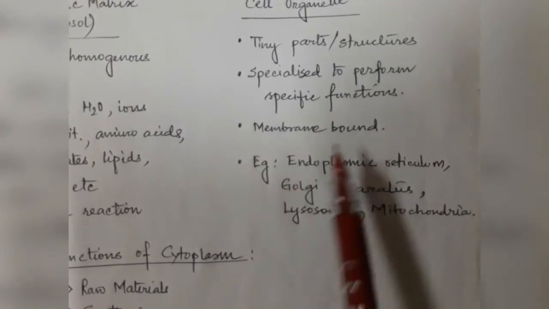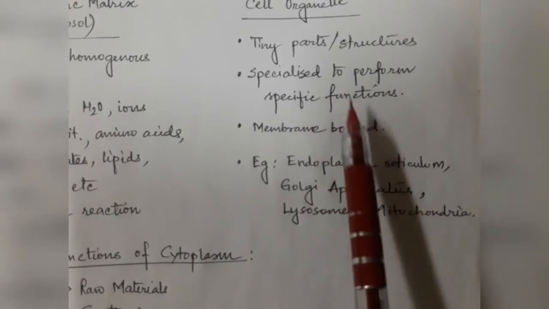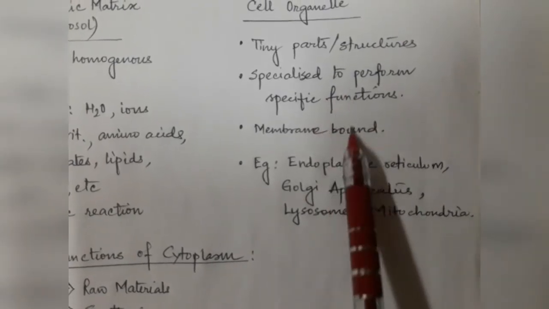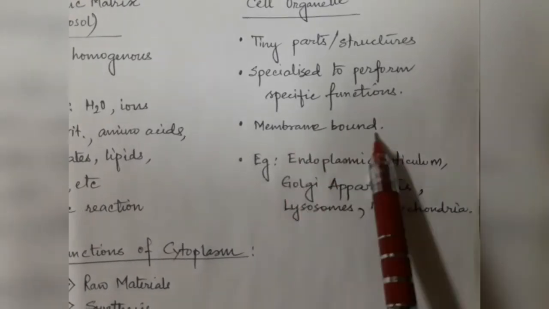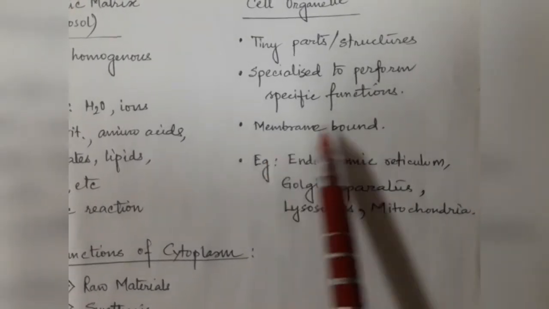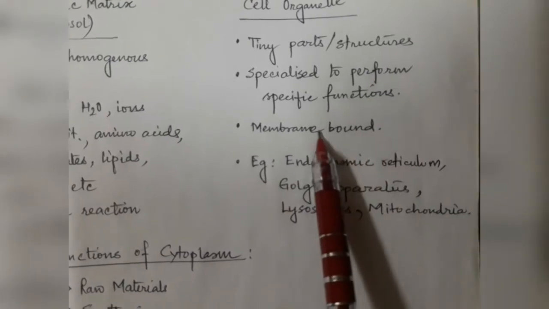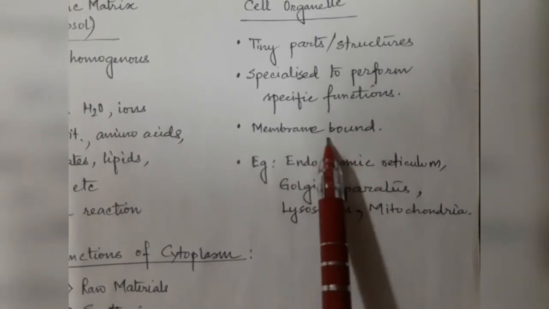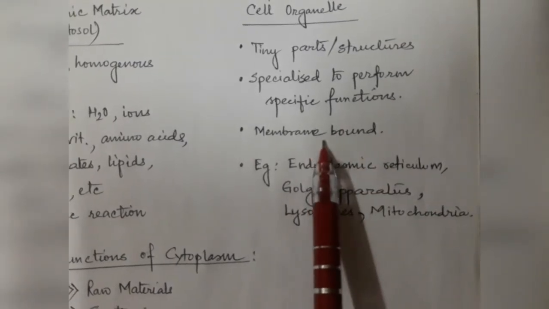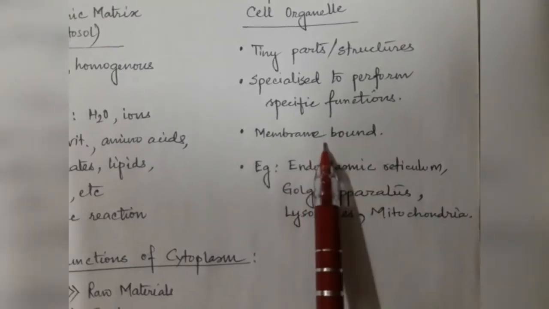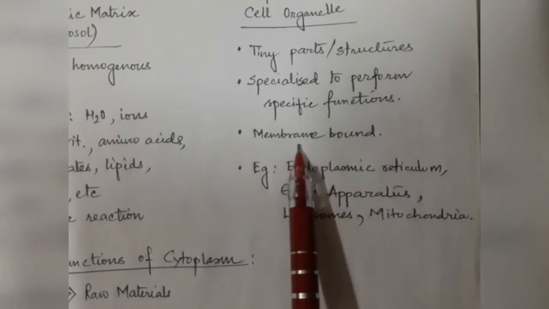That means all these specialized organelles, specialized structures, have their own membrane, and that is why it is mentioned as membrane bound. It is specifically prominent in all eukaryotic cells, but it is not that prominent in prokaryotic cells.